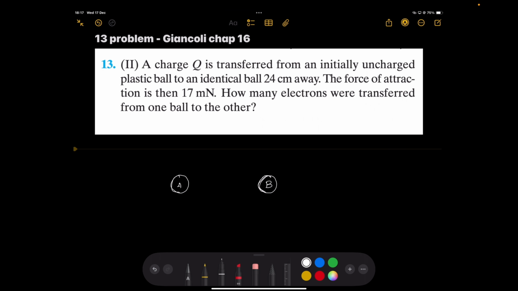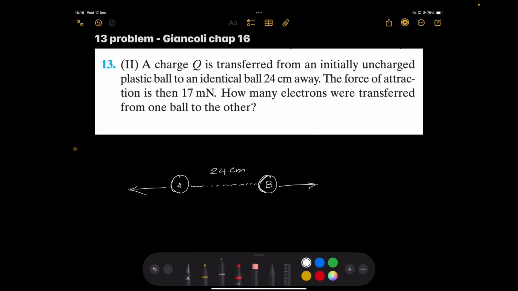They have the same charge Q, and therefore they have the same force. Since they are identical, they're going to be repelling each other. There is a distance between them of 24 centimeters. We have to convert this into meters.